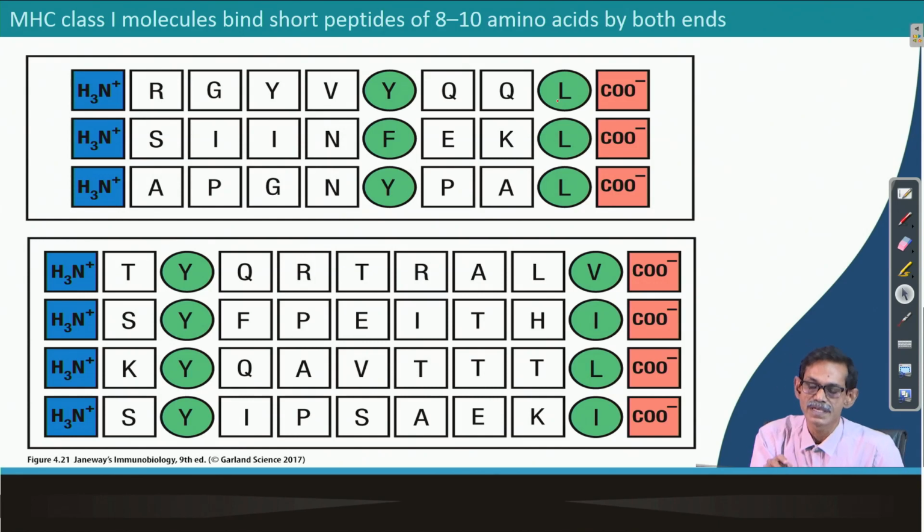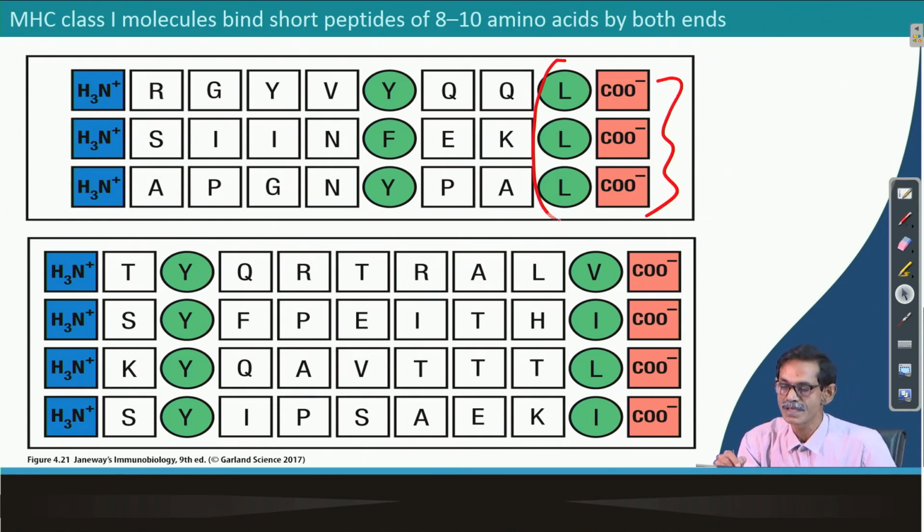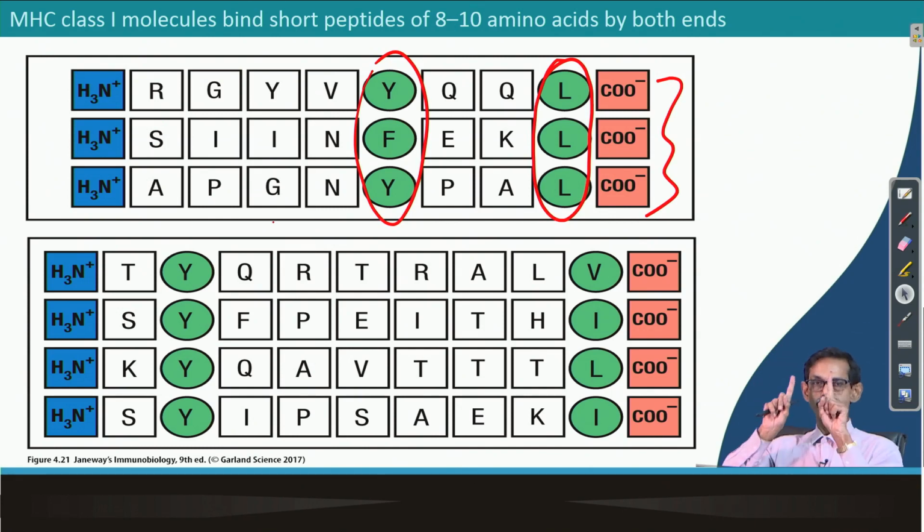What they found is that, for example in this case, the C terminal should always be leucine, and this one, you see, is tyrosine or phenylalanine. The rest may be anything. So the position of this particular residue in the peptide is very important for interaction.